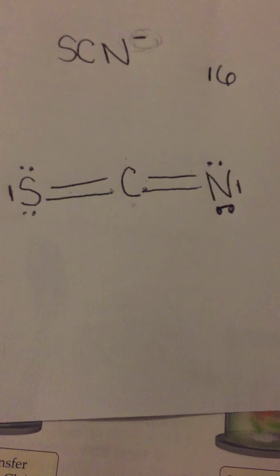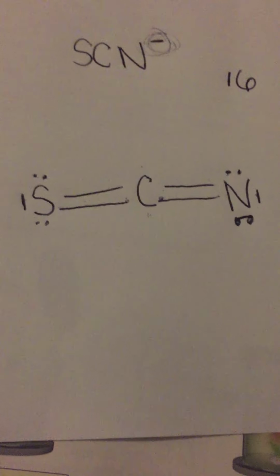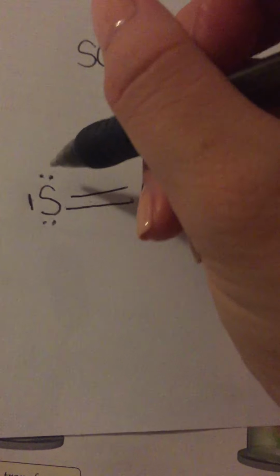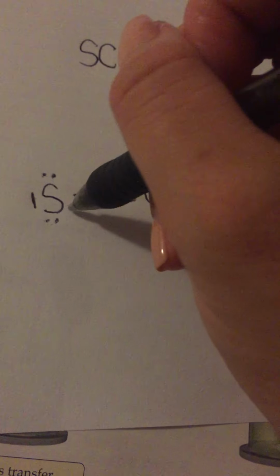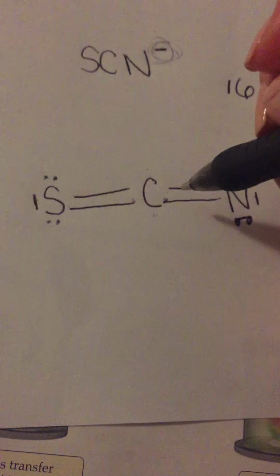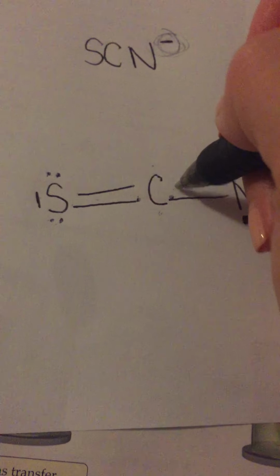So now let's see. Who was supposed to hold the negative? Who gained an electron? So for sulfur, the valence electrons assigned to it are 1, 2, 3, 4, 5, 6. Sulfur had 6, so it is good. Carbon only had 4, so let's see what is assigned to it. 1, 2, 3, 4. It's good.